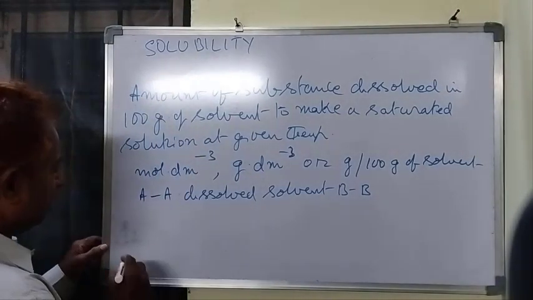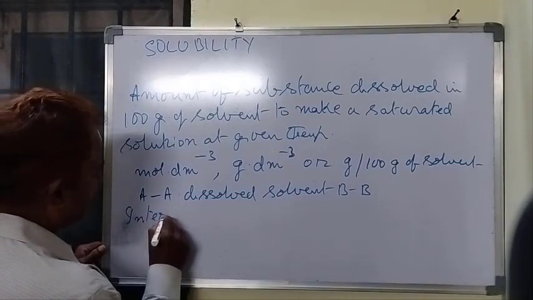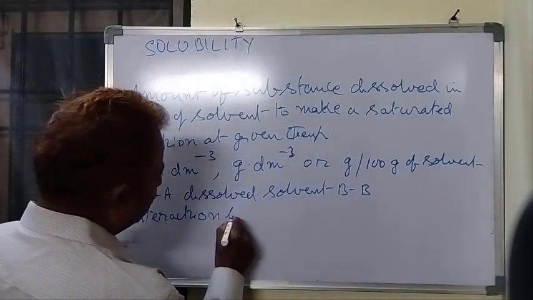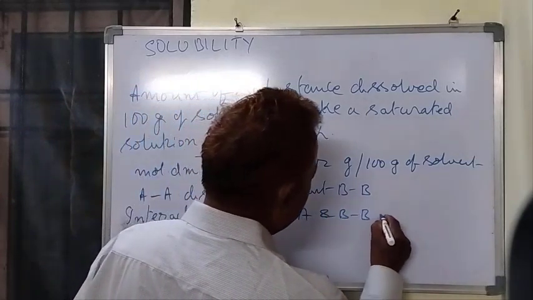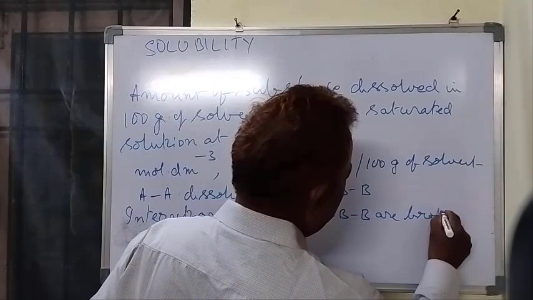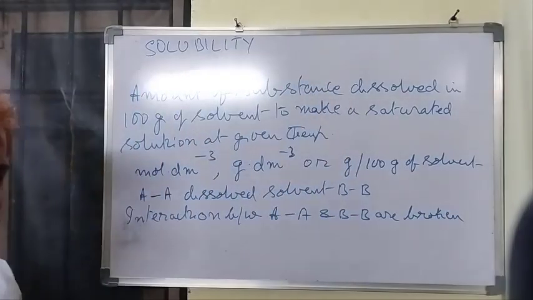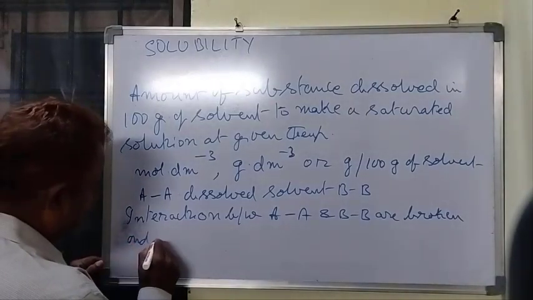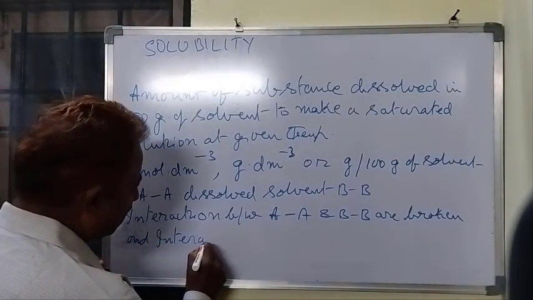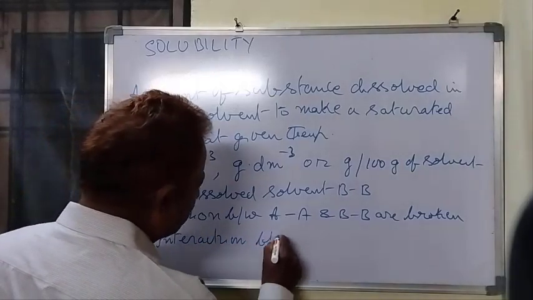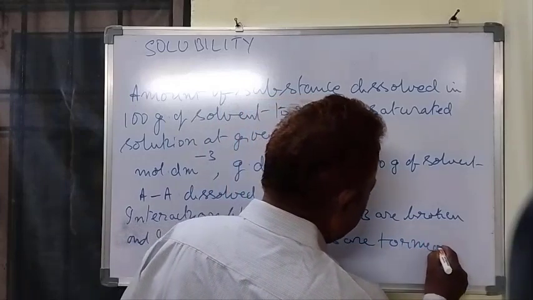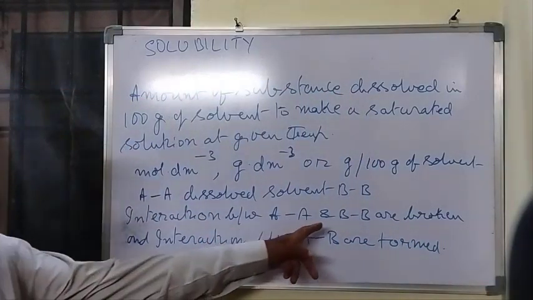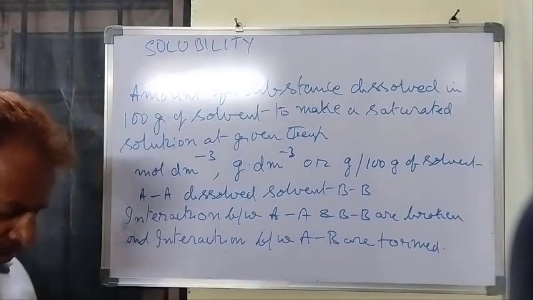So, during solubility, interactions between A-A and B-B are broken. That means old interactions are broken and new interactions between A and B are formed.